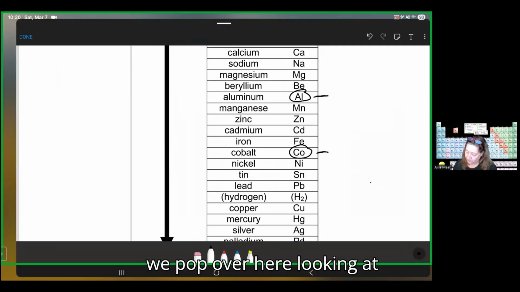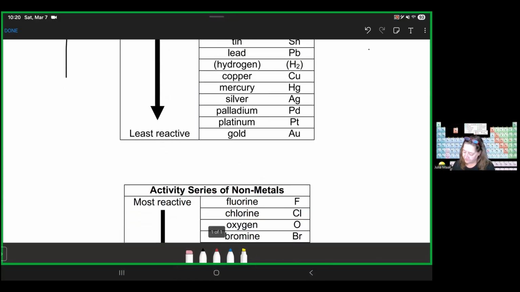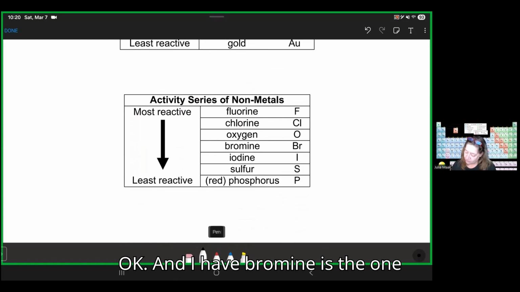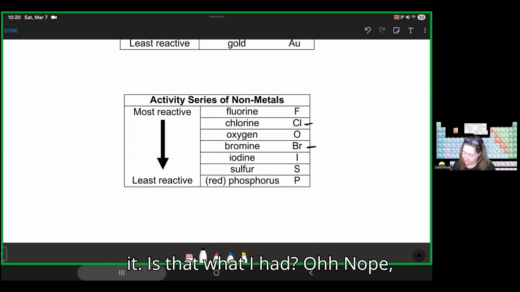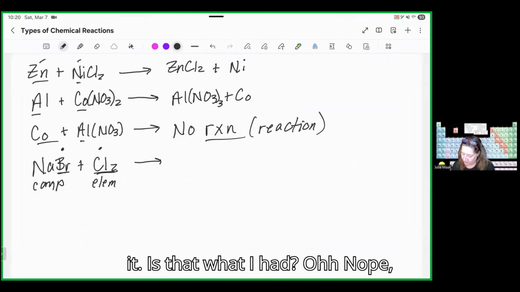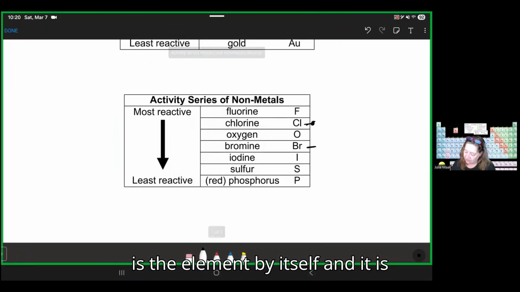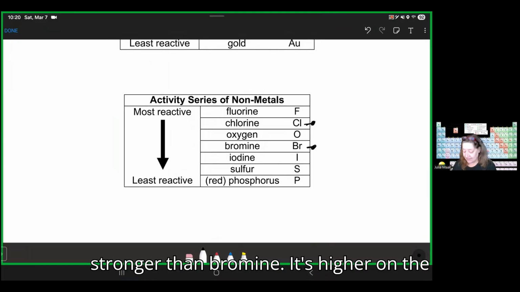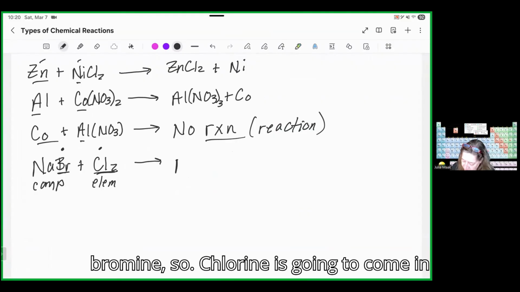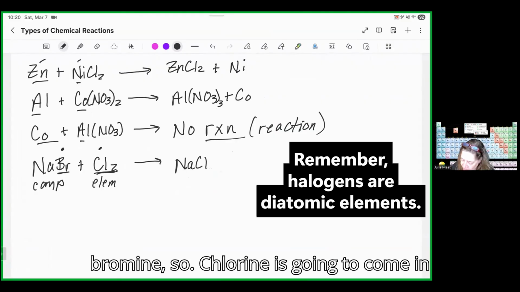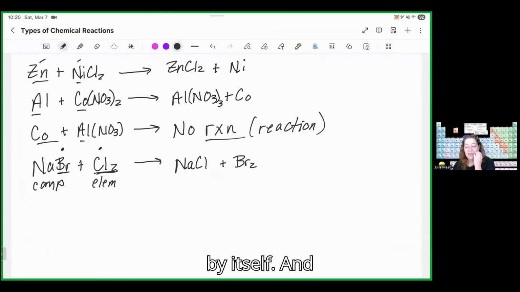Okay, so we pop over here looking at the nonmetals. Okay, and I have bromine is the one that's by itself, and chlorine is above it. Is that what I had? Oh, nope, I had it the other way. So chlorine is the element by itself, and it is stronger than bromine. It's higher on the list. So chlorine is going to kick out bromine, so chlorine's going to come in and take the sodium and kick bromine out by itself. Okay.